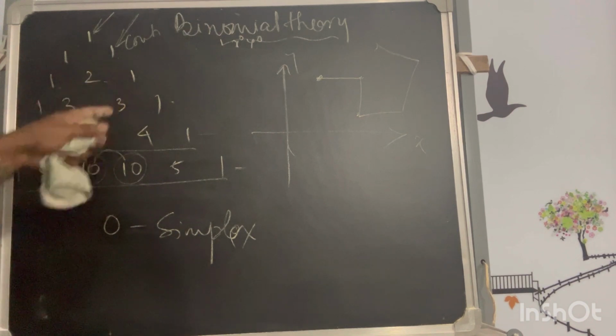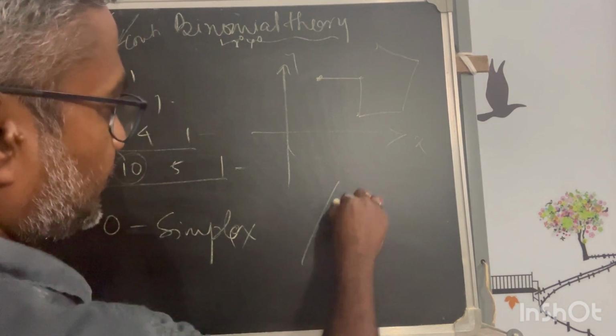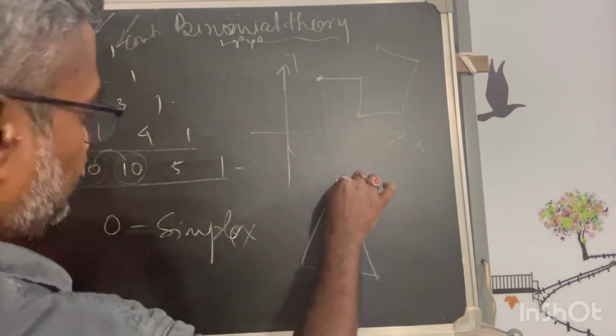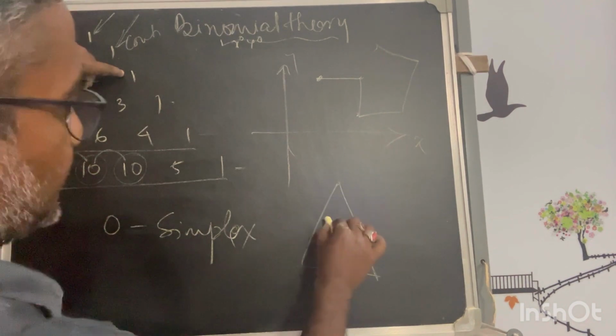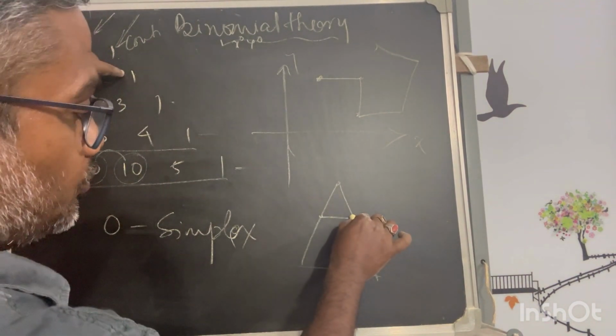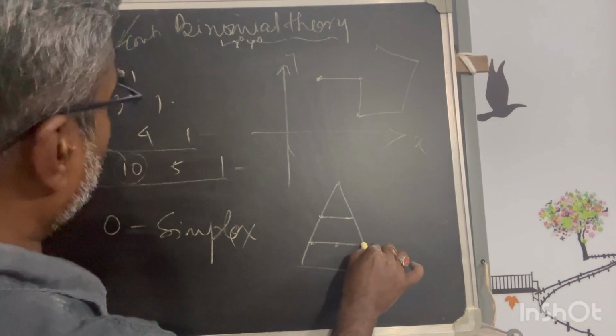Okay, the next series is 1 3 6, following the triangular pattern. How? The first vertex starts with 1 point. Next, if I draw a line, it has 2 points. Next, if I draw another line, it has 3 points.